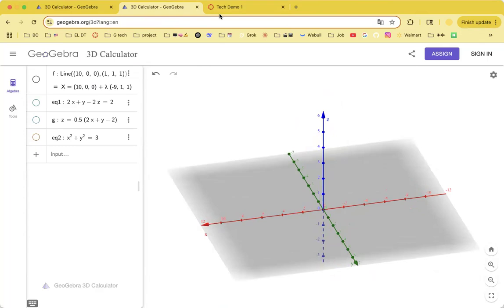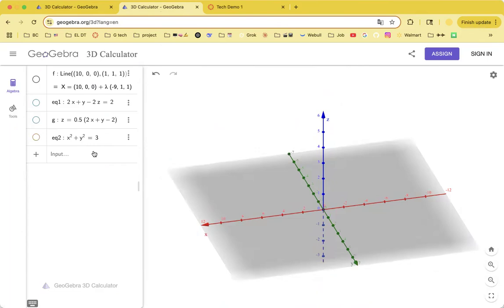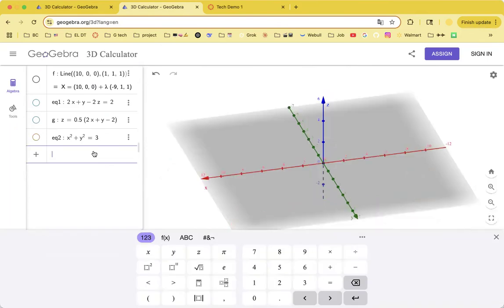Finally, we are going to graph the ellipse that is the intersection of these two surfaces, the plane and the cylinder. What we have to do here is first get the x and y values from the cylinder equation.